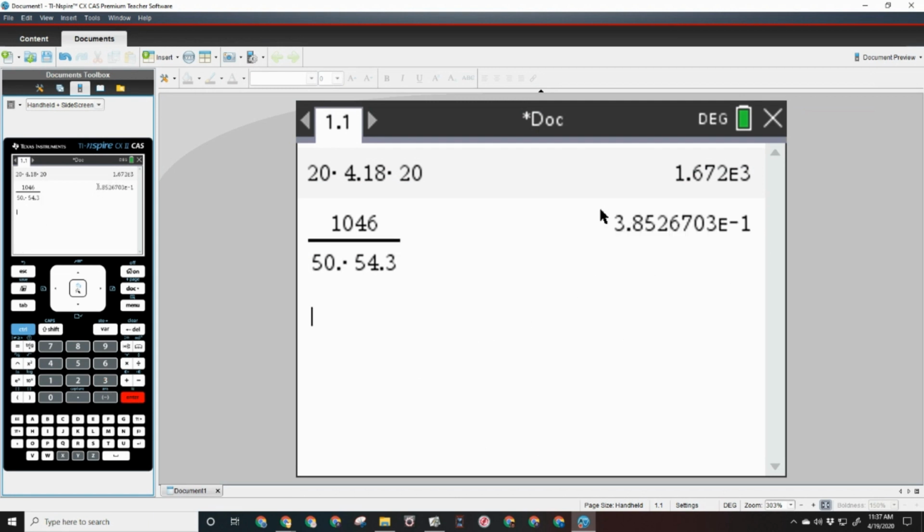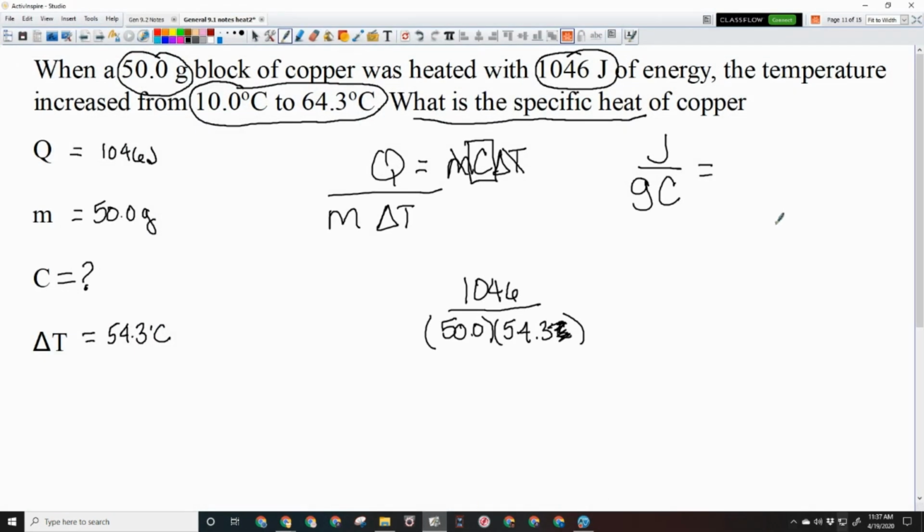Enter. All right, so this is going to be 3.852 times 10 to the negative 1. So 3.852 times 10 to the negative 1 joules per grams degrees Celsius.